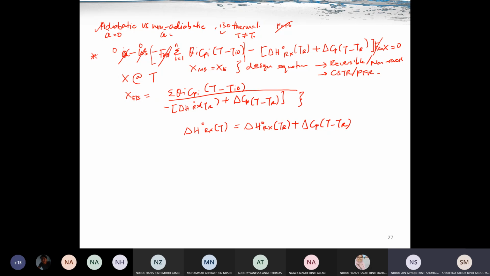Just substitute this part. This becomes the heat of reaction term, and this one becomes the heat capacity term.